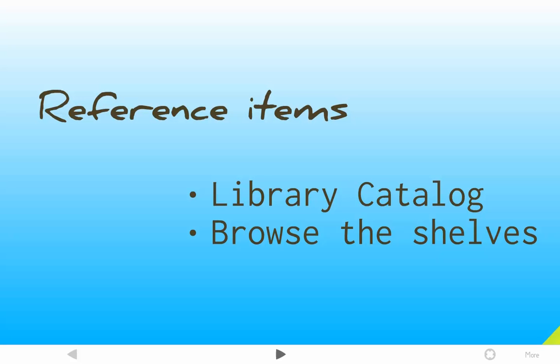So you can come into the library, you can either look online in the library's catalog and find reference items, or you can come into the library and browse the shelves. Also, we have some reference materials online, and we'll talk about those a little bit coming up as well. But we have some reference books that are available online, so you don't have to come into the library.